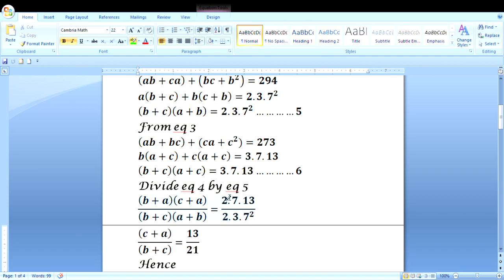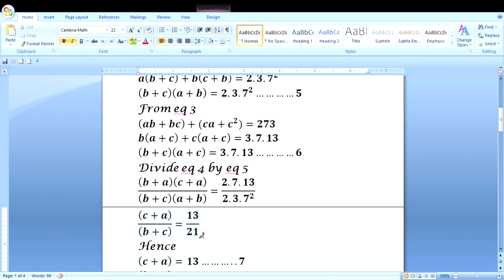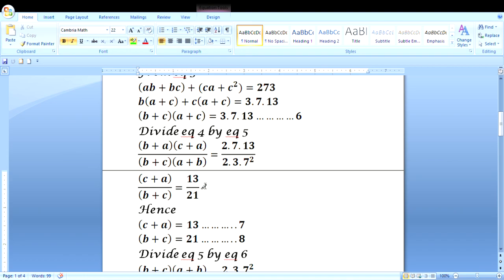So here 2 cancels 2, and one 7 is removed by one 7. What is left on the right hand side at the numerator is 13, and the denominator is just 3 times 7, which is 21. From here we can form equations by saying that the numerator is equivalent to 13 and the denominator is equivalent to 21.